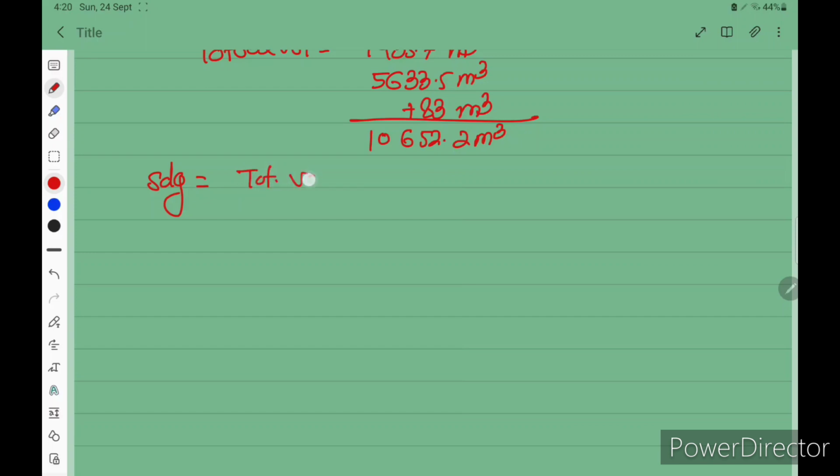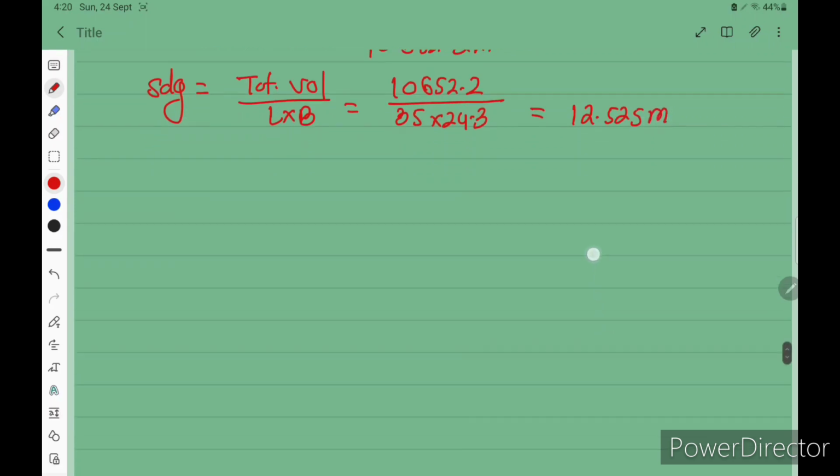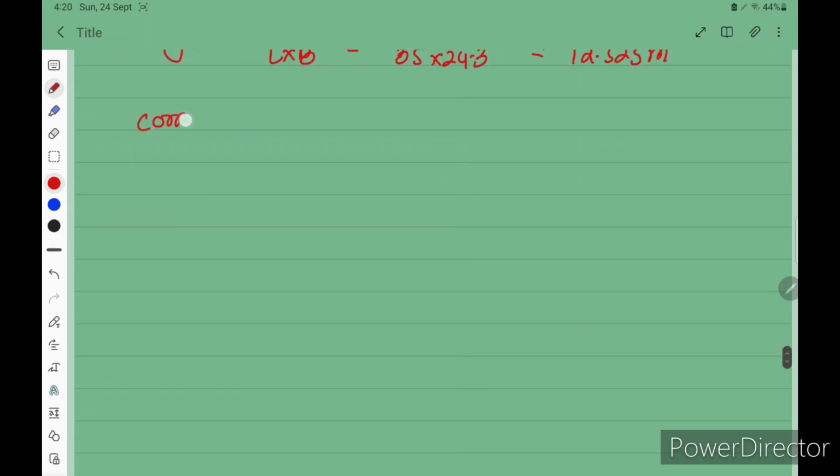Now we have the total volume, we can find out the soundings. So total volume divided by length into breadth of the tank. So 10652.2 divided by 35 into 24.3, we get 12.525 meters of sounding. Now we have to find out corrected ullage.